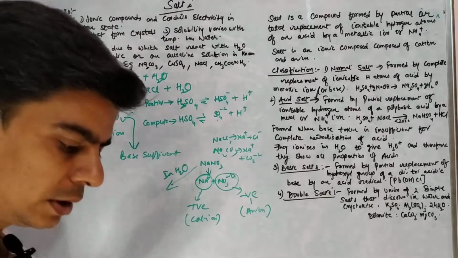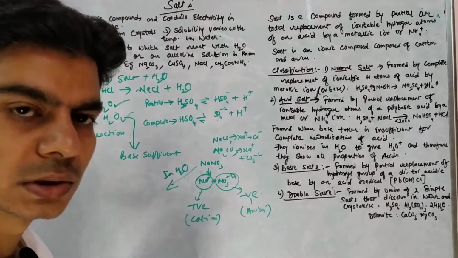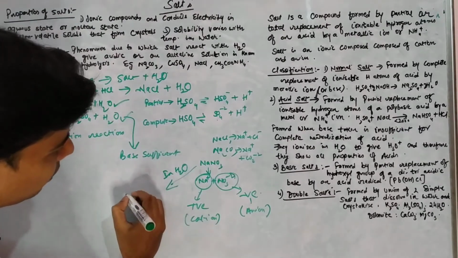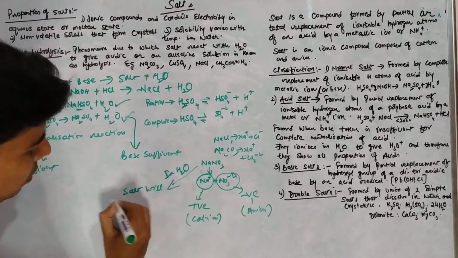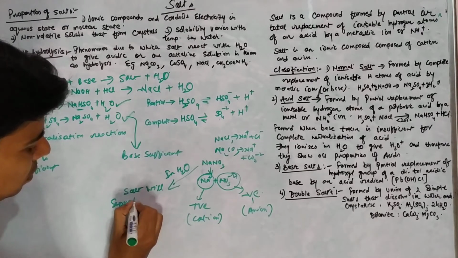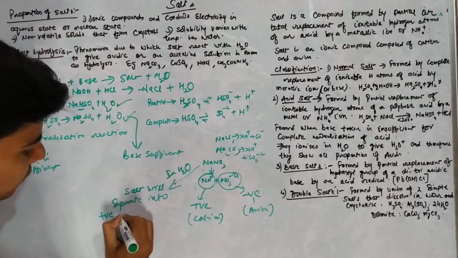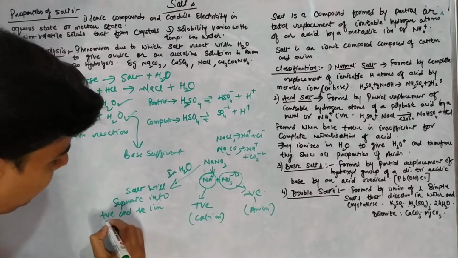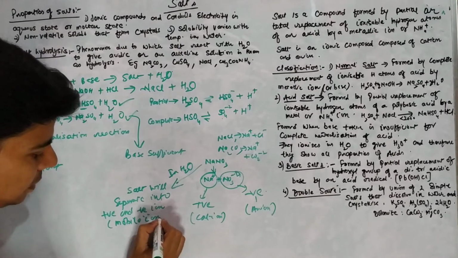Now, when it is dissolved in water, what will water do? Water will separate this salt into its positive and negative ions, and we call these mobile ions.